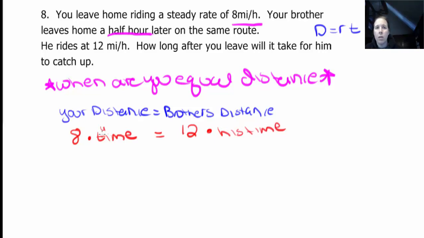Well, we have to come up with a variable. So we're going to say that x is equal to your time. So 8 times x is your distance.